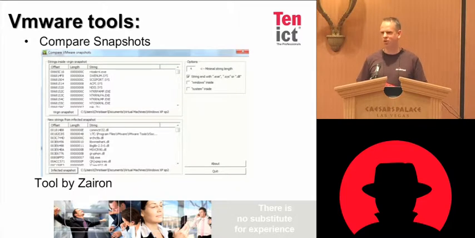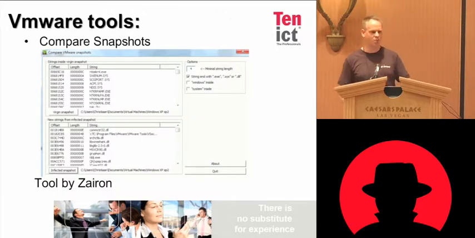Someone was investigating malware, and he did something with the VMware Workstation, built up the environment, made a snapshot, infected his computer, made another snapshot, and he wrote a tool to compare the snapshots. So this is really great if you have reconstructed out of your image a couple of snapshots. You can compare them. I once did this one for someone who had child porn on his laptop.